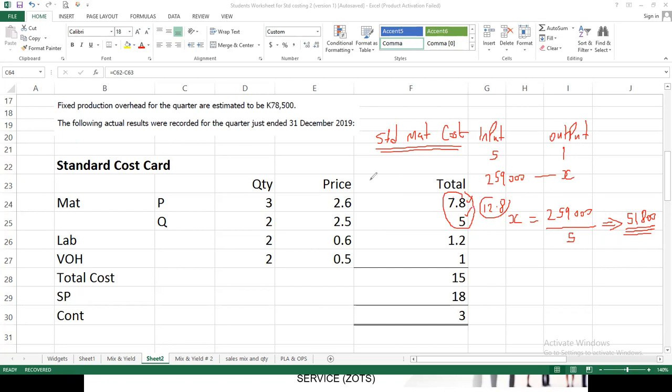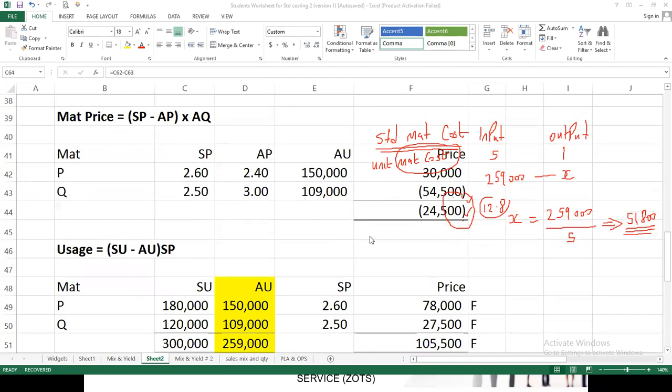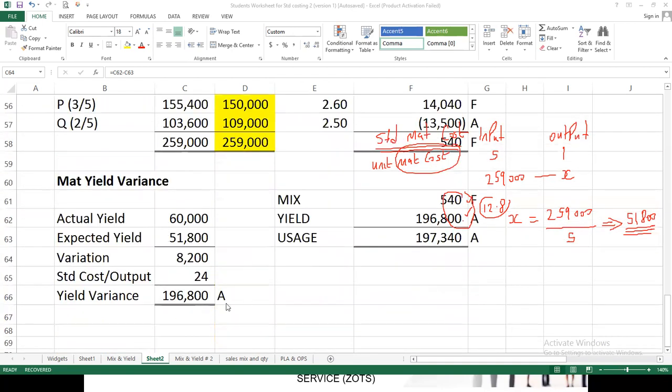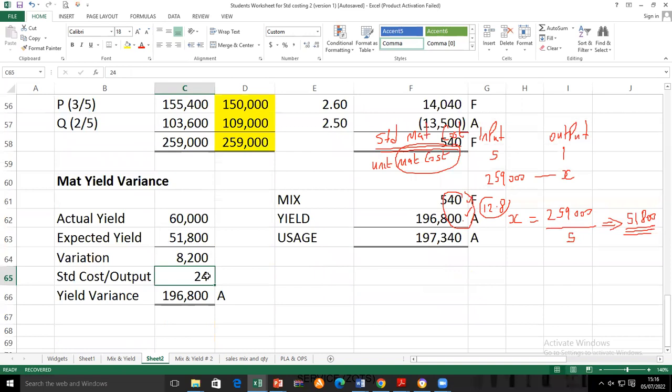So each unit that we produce, the standard material cost for that unit is 7.8 plus 5 being 12.8. So here, what you put in is 12.8. And this is a favorable variance.